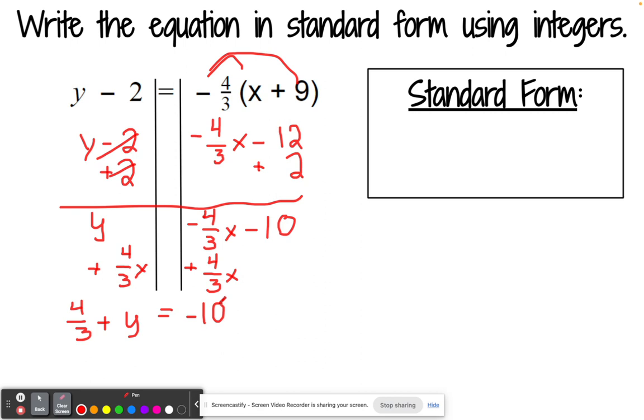I am not done yet. I have a fraction still, so I need to multiply everything by that denominator. Multiply everything by 3.